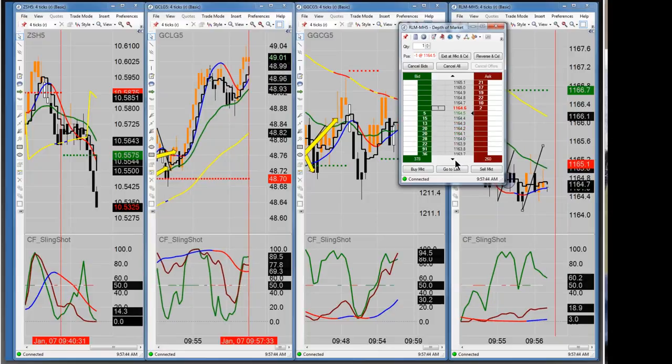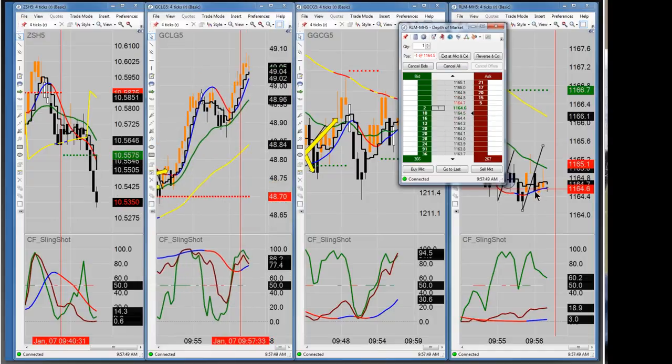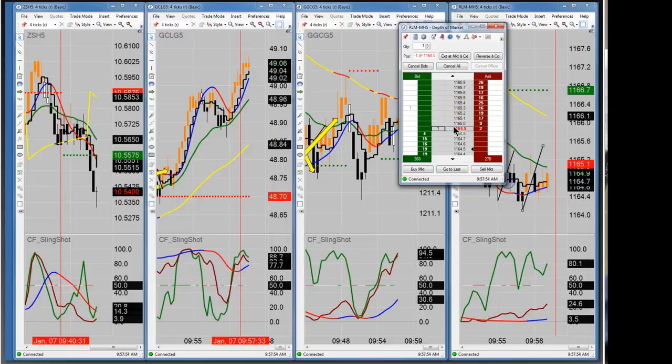All right. On the Russell, I'm short at 64.5 on this down close right here. 8 ticks risk on that. Let me just make sure I got 8 ticks risk. Yeah. Okay.